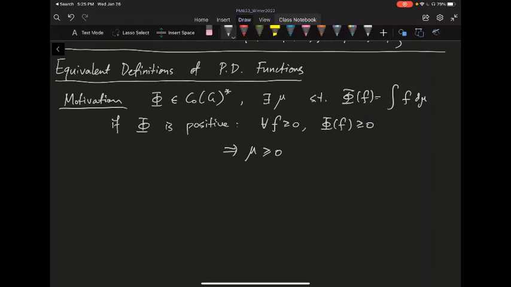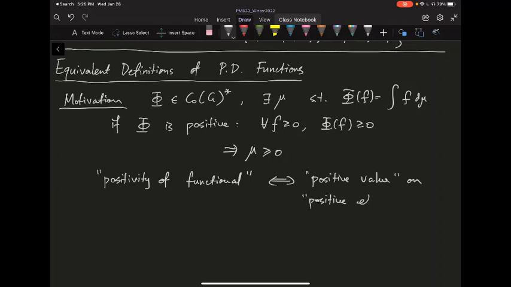So that's kind of the idea. The positivity of the functional corresponds to the positive value on positive elements.